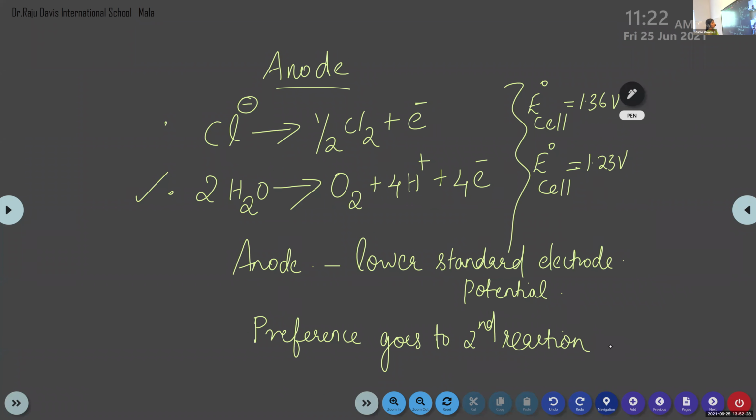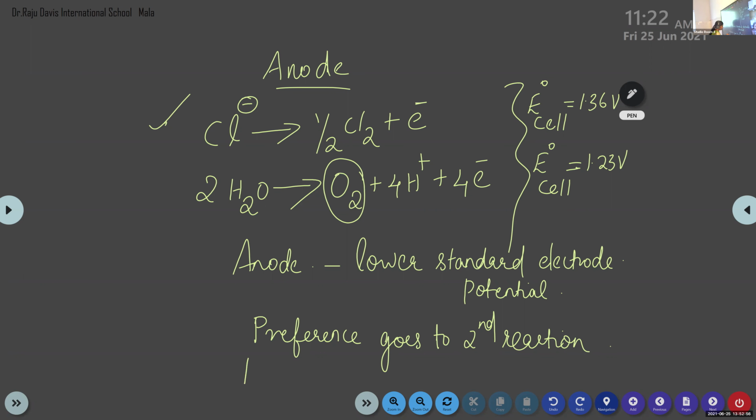But due to the overpotential of oxygen in the second reaction, we are choosing the first reaction. Overpotential of oxygen means it has more potential difference between those compounds and it will hinder that process, the electrolysis. That's why we are preferring this first reaction.